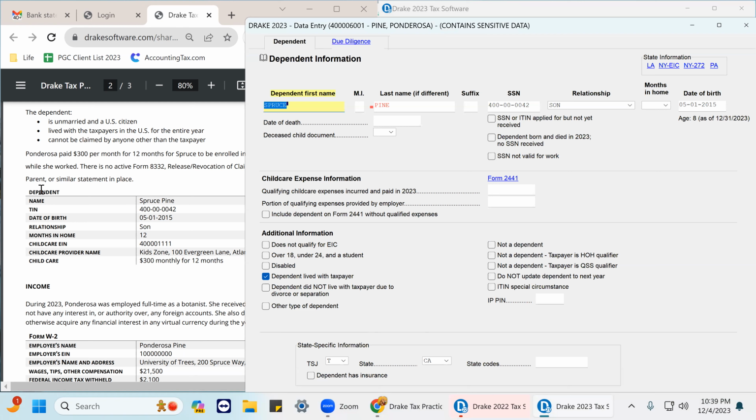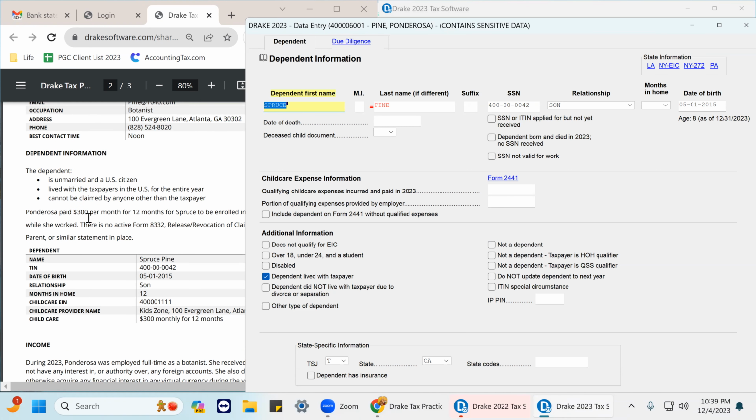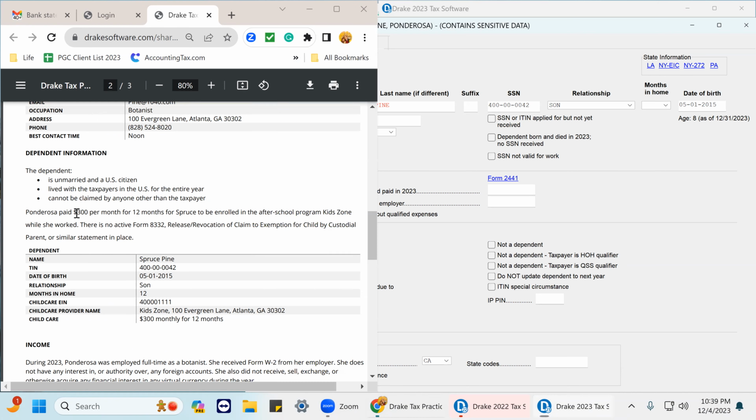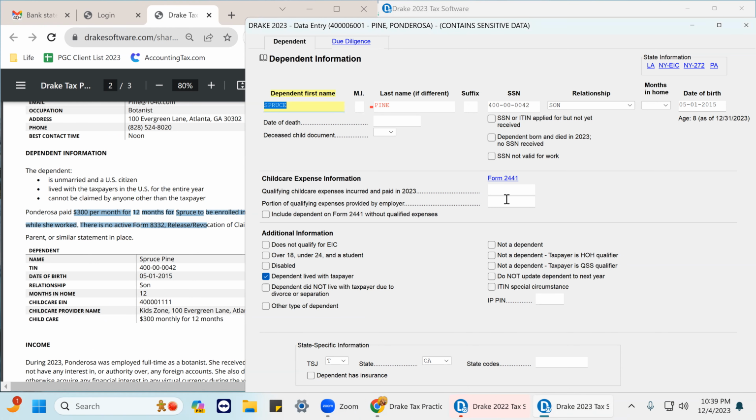You remember in here they said they are taking care of the son, and also pay the after school program. Now, do you remember I changed the state? So now here I have to change the state.